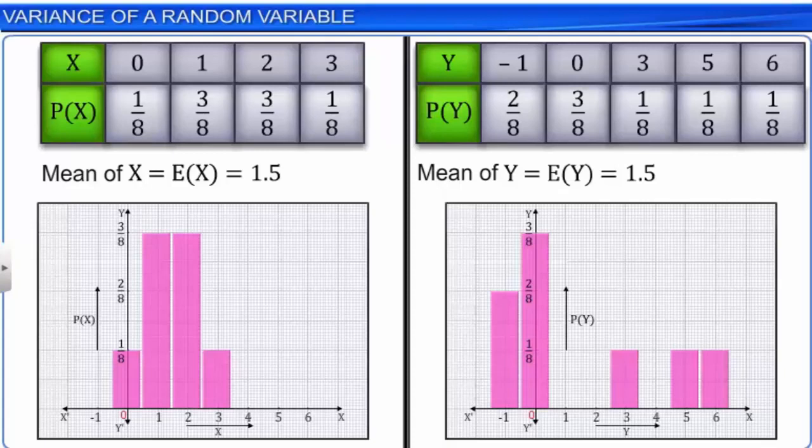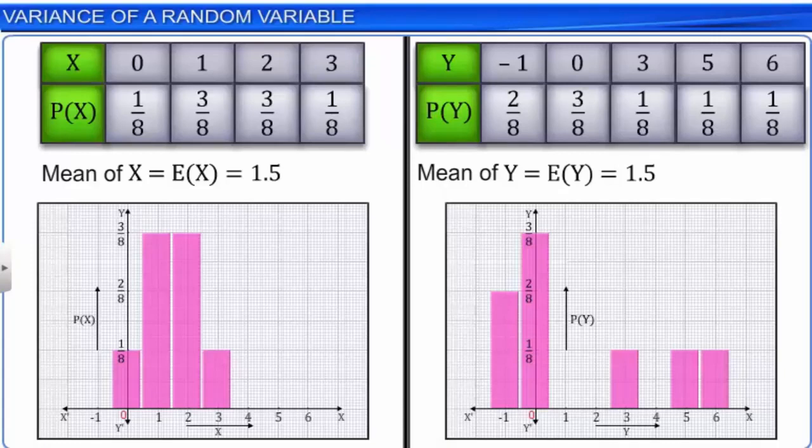From the figures, it is clear that the spread or scatter of the values of x is uniform, while the spreading among the values of y is not uniform. In statistics, we know that variance is a measure of the spread or scatter in data. Similarly, variance can be considered as the measure of the spread of the values of a random variable in a probability distribution.